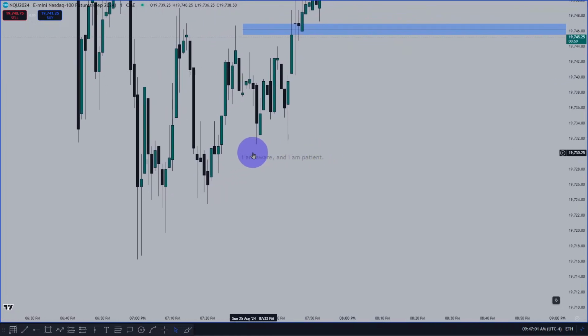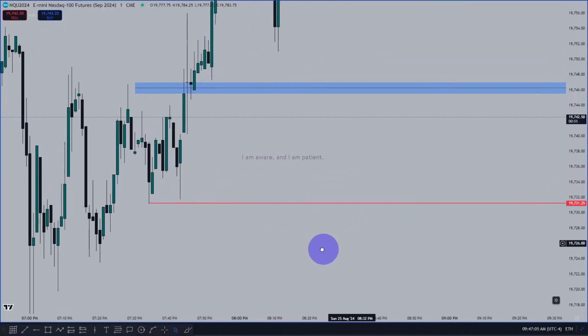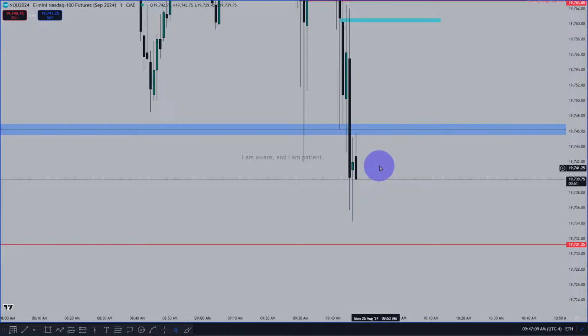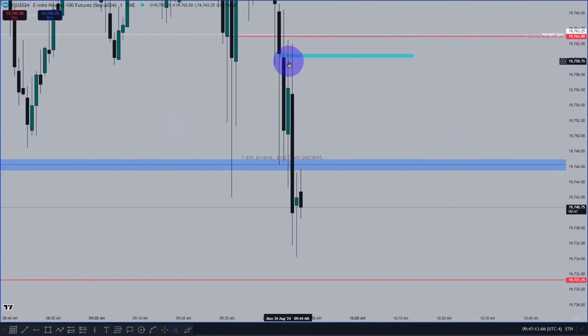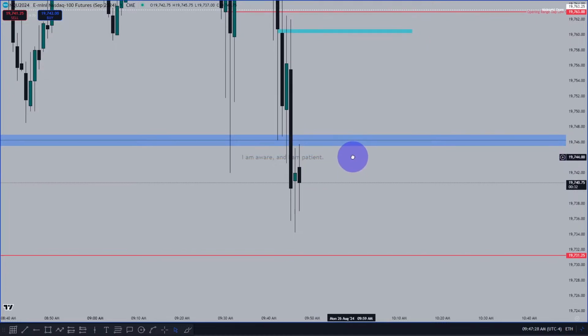There's relatively equal lows over here. I'll note this. Equal lows. So there is that order block, and here we have that wick. Price is right now trading into this wick, and referring back to that 15-minute gap over here, we're tapping into it a little bit.